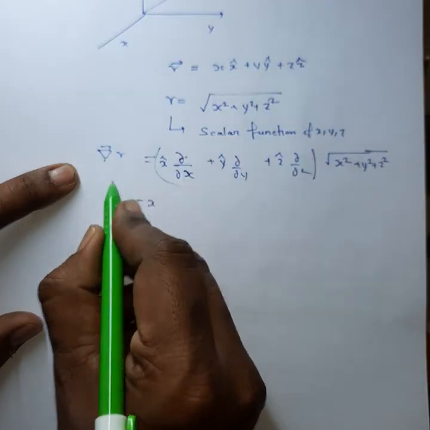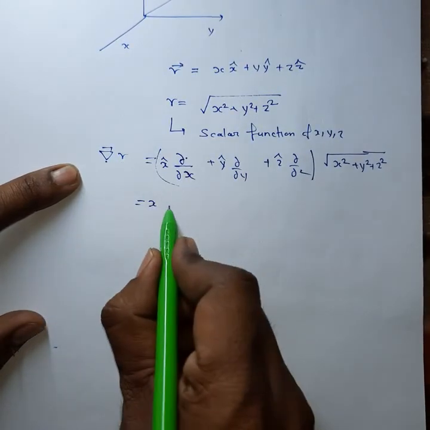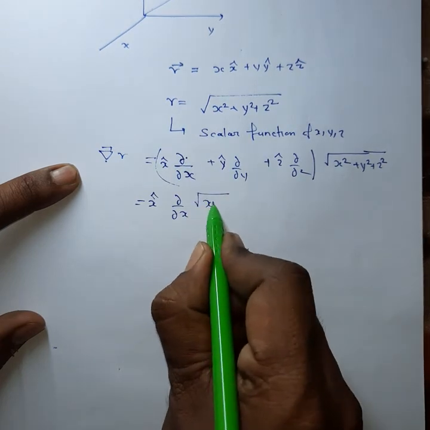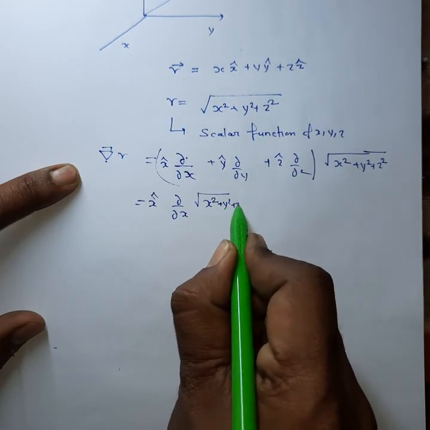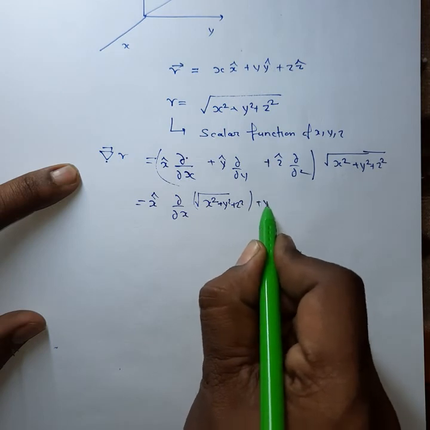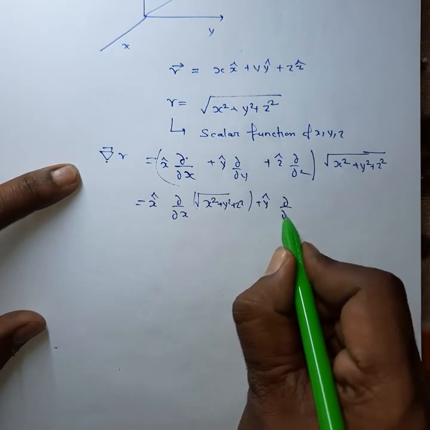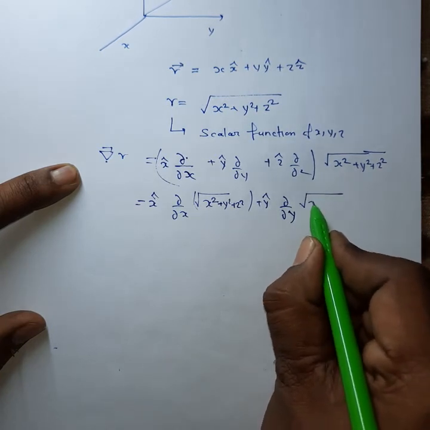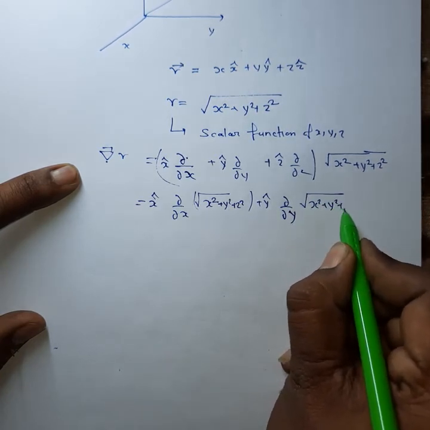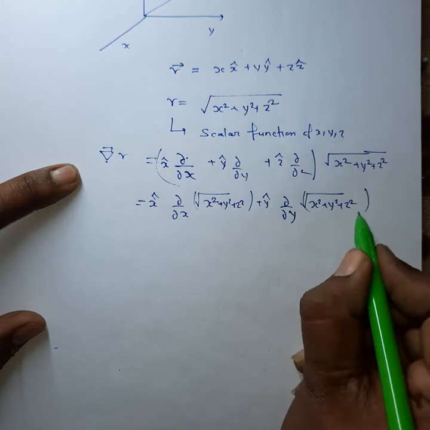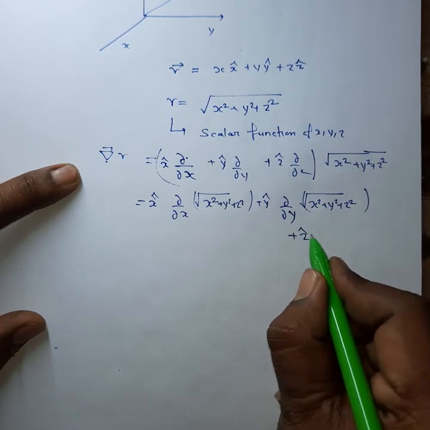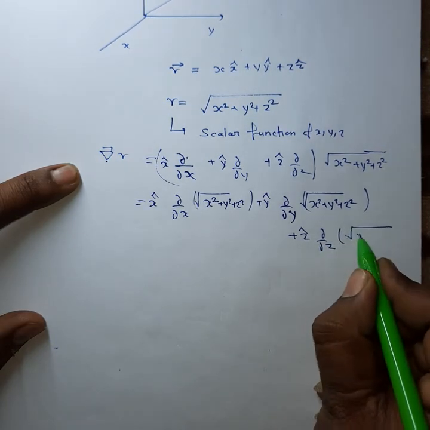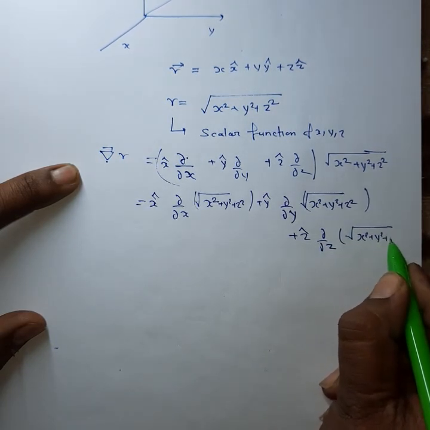I am calculating the gradient of r. So along x cap it is del by del x of the square root of x square plus y square plus z square. Similarly along y cap, del by del y of the same, and plus z cap del by del z of the same.